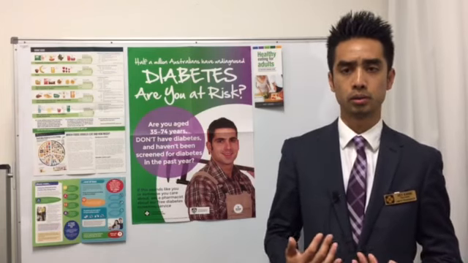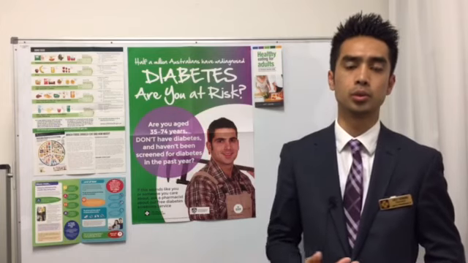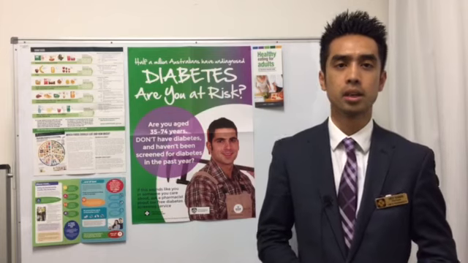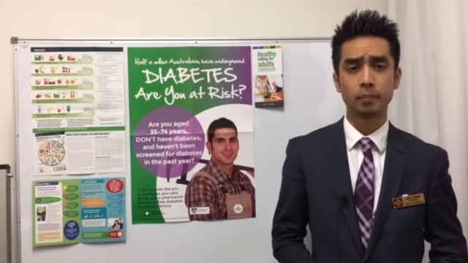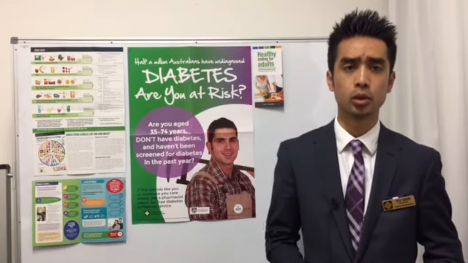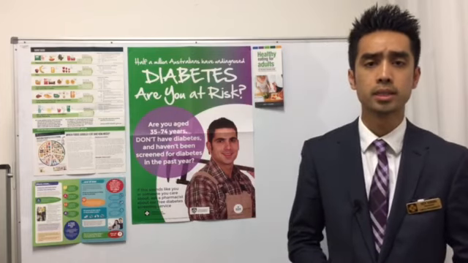However, we should regularly check up because having gestational diabetes actually puts you at a higher risk of getting type 2 diabetes later on. So anyone that has had gestational diabetes previously and hasn't been checked up in the last year, we can also go through with you and calculate your risk of getting diabetes as well.